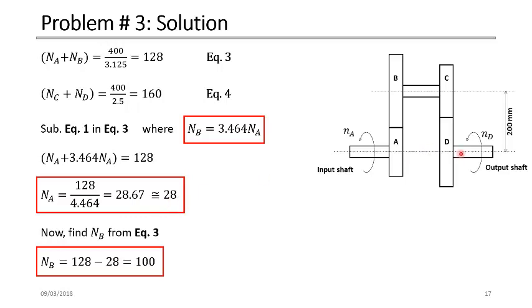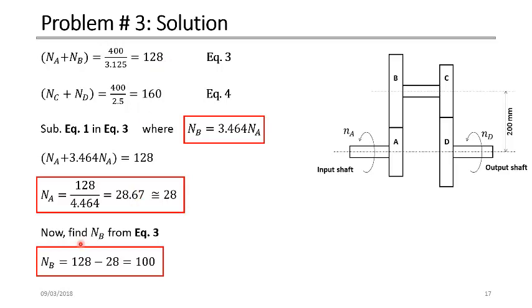But here, because the center distance is constant, is fixed, we need to make sure that the number of teeth and consequently the diameter is giving us the exact center distance. So if we go back to this equation that is coming from the definition of the center distance, it says that in order to keep the center distance as 200, NA plus NB is equal to 128.